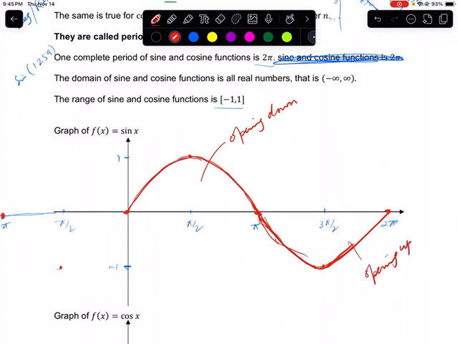Now if you notice, this is the point where opening down changes to opening up, and similarly we will have a similar point over here. See, this changes from opening down to opening up.